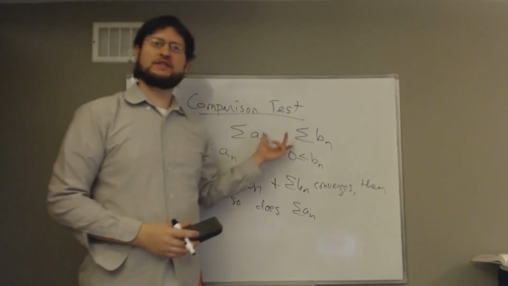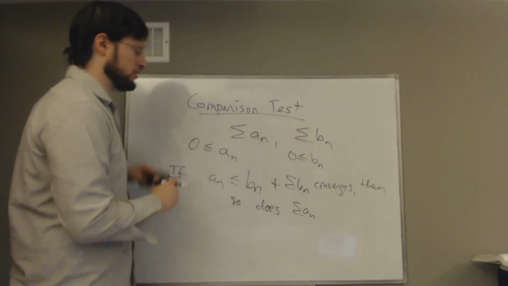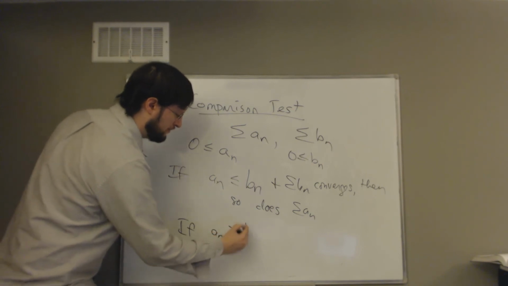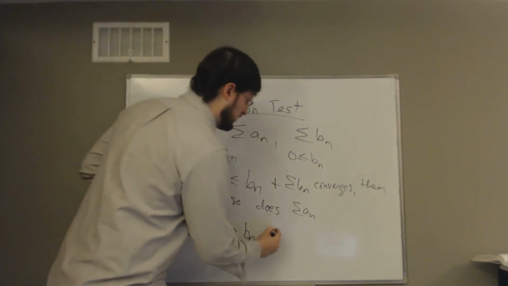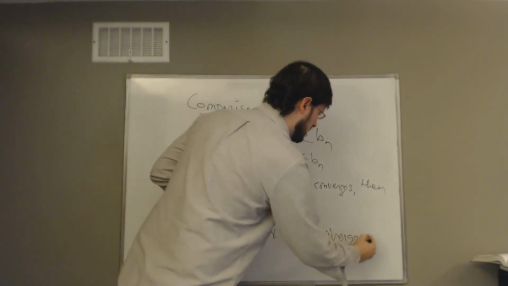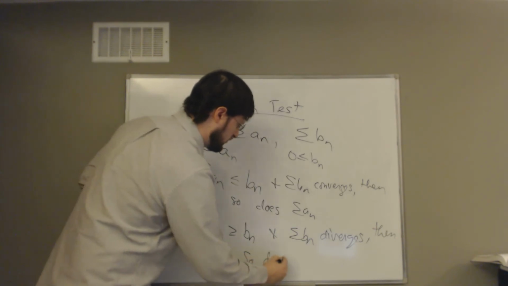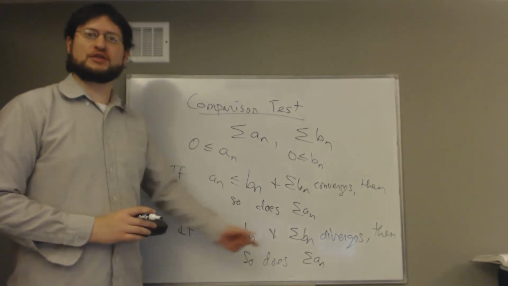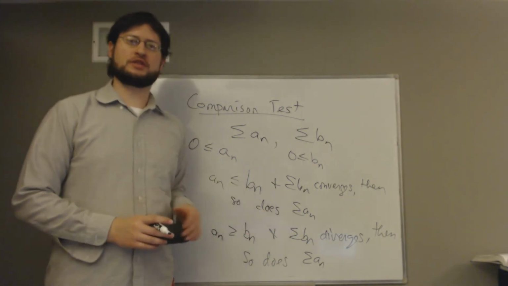So if I'm less than a convergent series, then I converge. No trick there. If an is bigger than bn, and the sum of bn diverges, then so does the sum of an. So if I'm bigger than a divergent series, then I diverge as well.